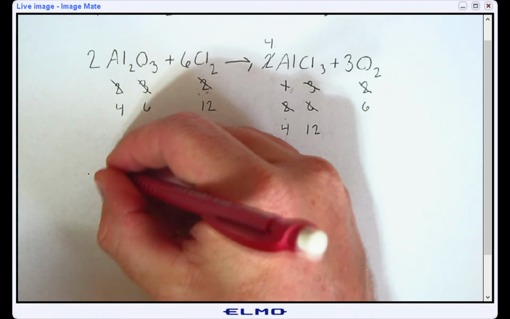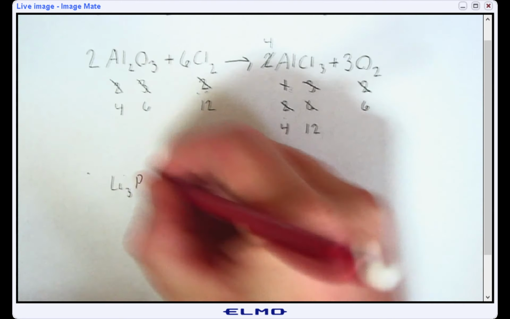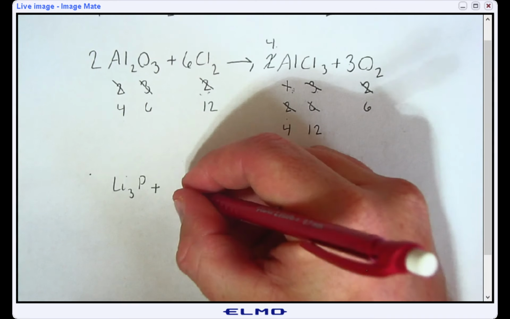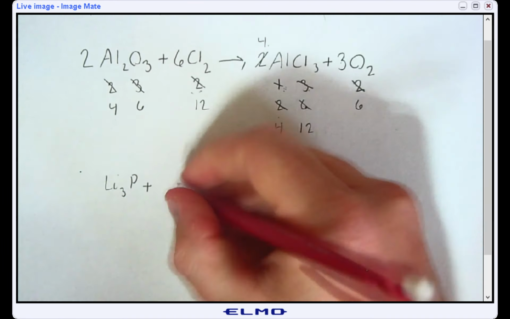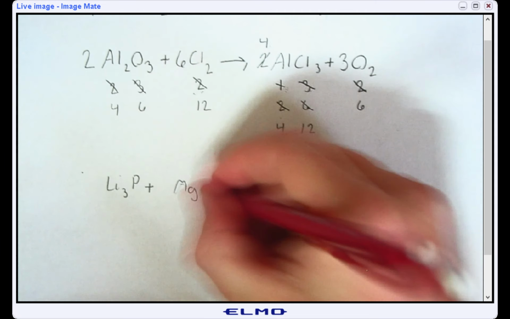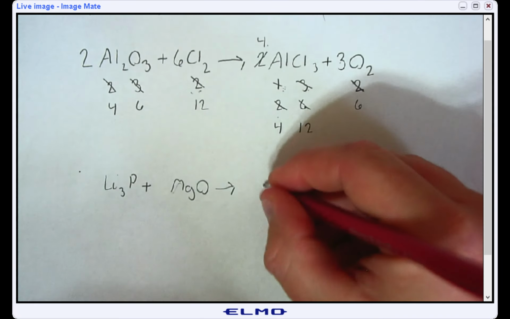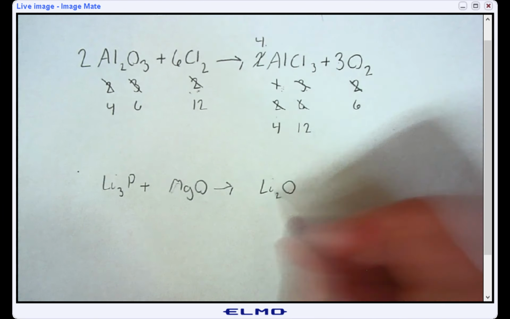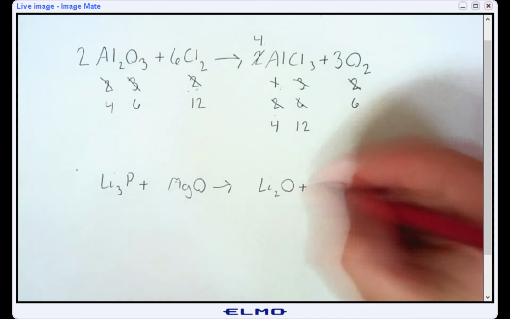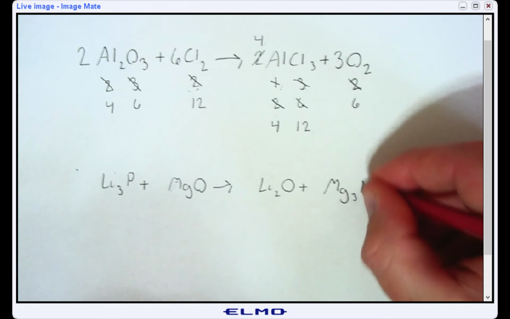Let's try lithium phosphide plus magnesium oxide, which yields or creates lithium oxide, that's my I's, lowercase i's, plus magnesium phosphide.